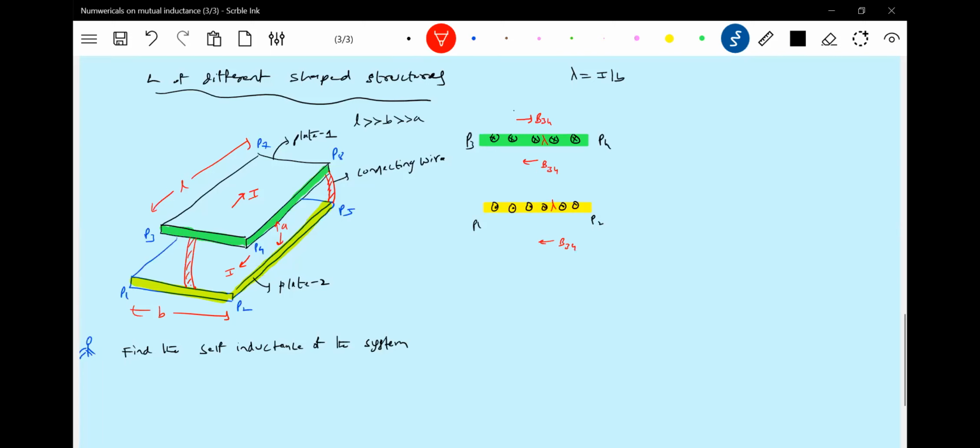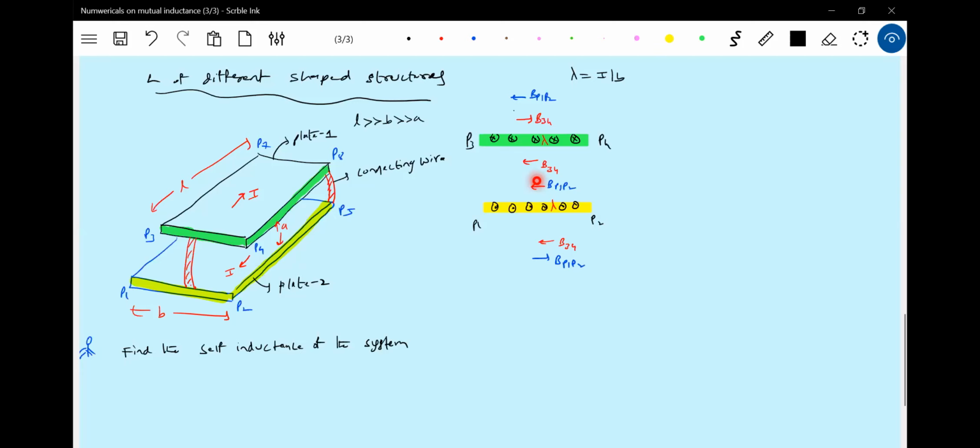The field produced by P1, P2 is opposite. So it will get nullified external to the plates. Only in between the plates the field is confined. The resultant field will get added up.